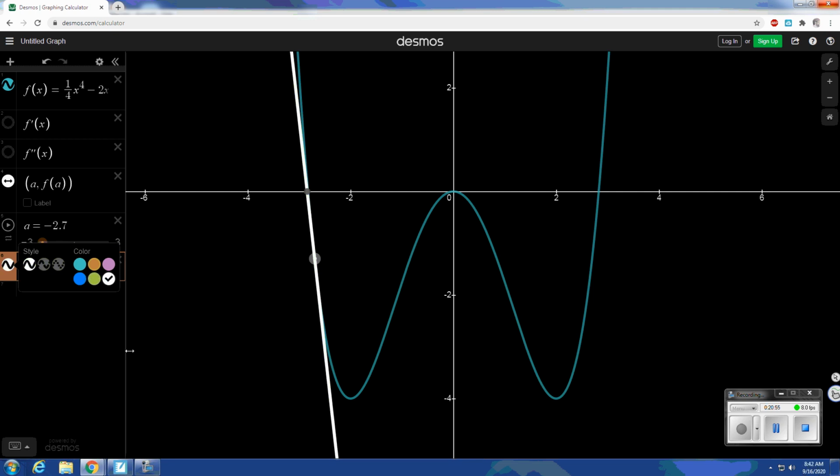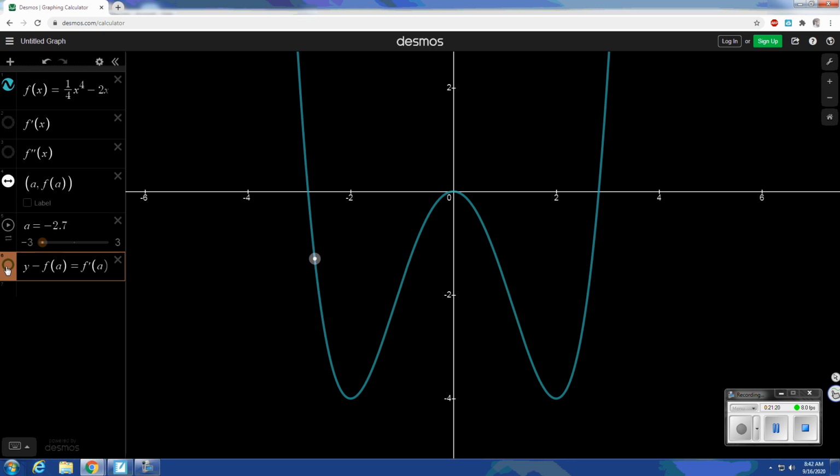I'm going to change the color to white, and now that point a is going to run between -3 and 3. And look how the tangent line slope, again, represents our instantaneous rate of change at a point. So you can see that in this leftmost section, the graph of f of x is decreasing. I'll even turn this off for a second.